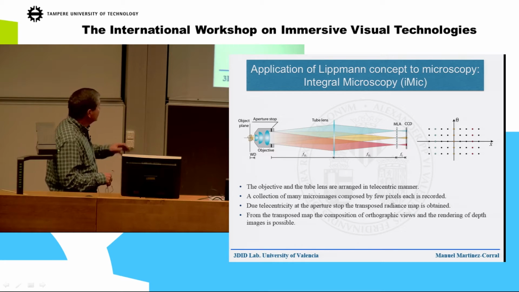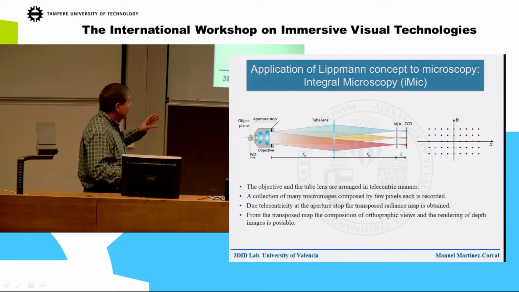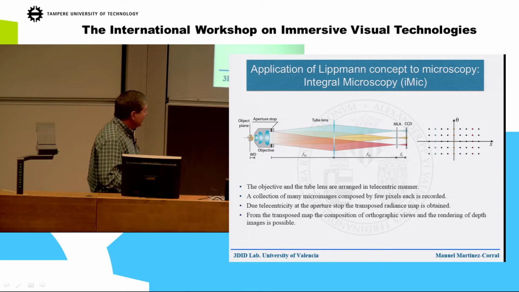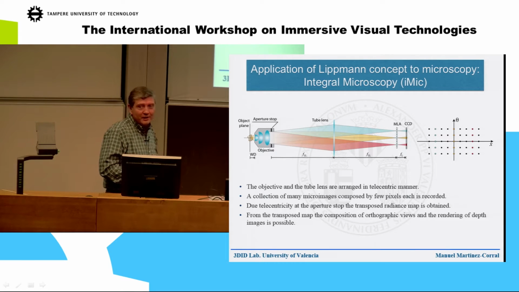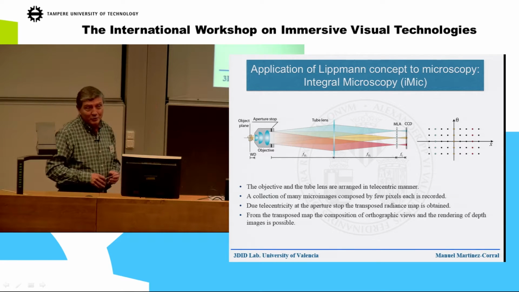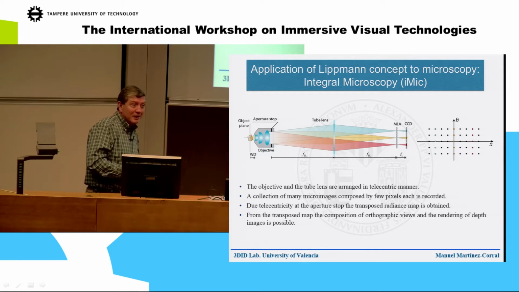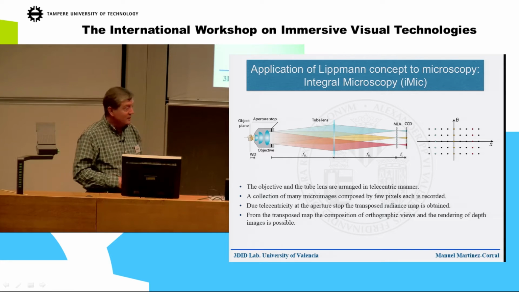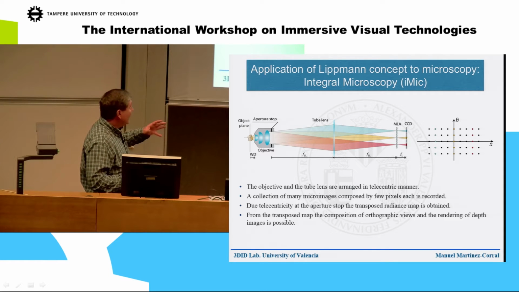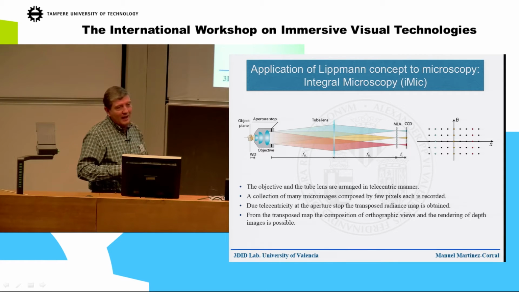So what we do here is try to implement this in a microscope. This technique is maybe known by many of you as light field microscopy. In fact, I prefer to use the word integral microscopy in order to recognize Lippmann's contribution to this topic. And how can we build an integral microscope?